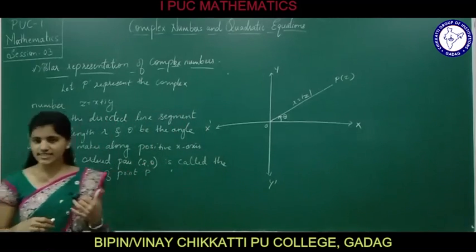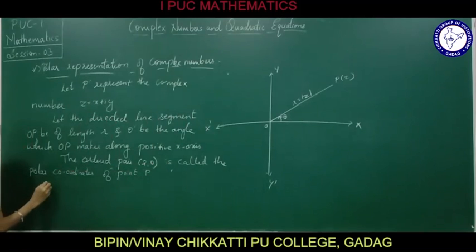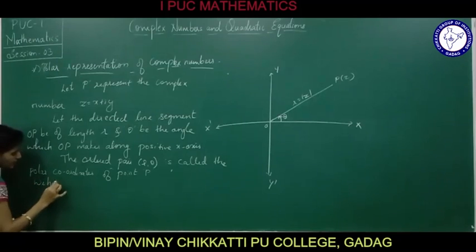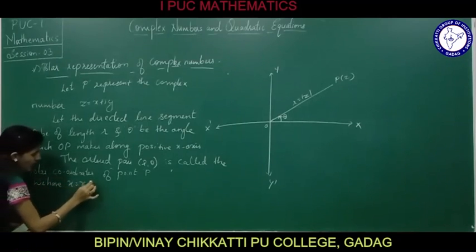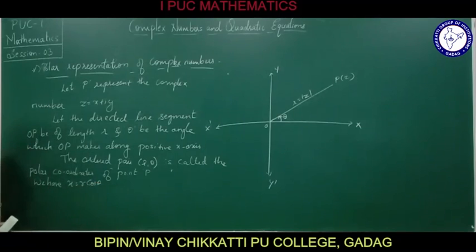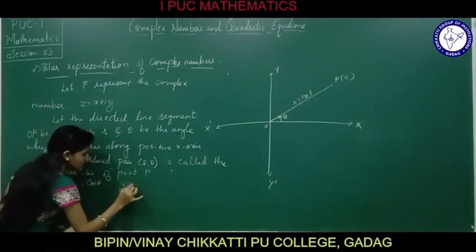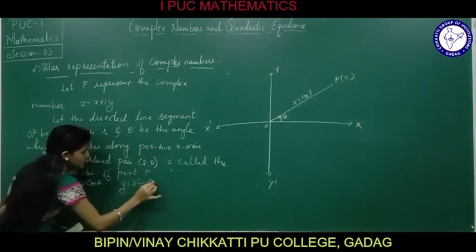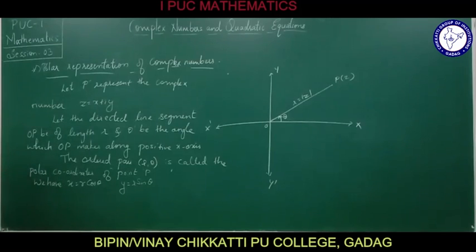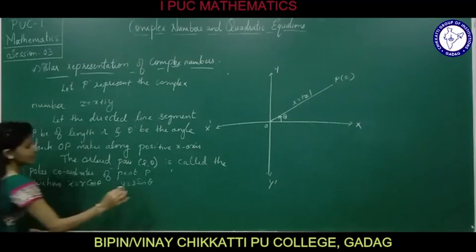We are going to write z is equal to, first we have x as r cos theta and y as r sin theta.